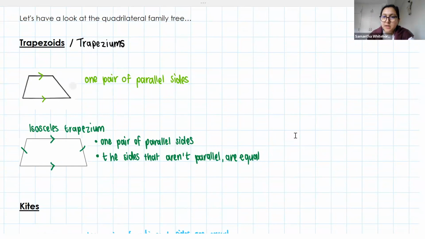So we've got trapeziums, kites, parallelograms, rectangles, rhombi, and squares. All right, I assume we've all got our screenshots. Does anyone have any questions for me about the characteristics of our quadrilaterals?